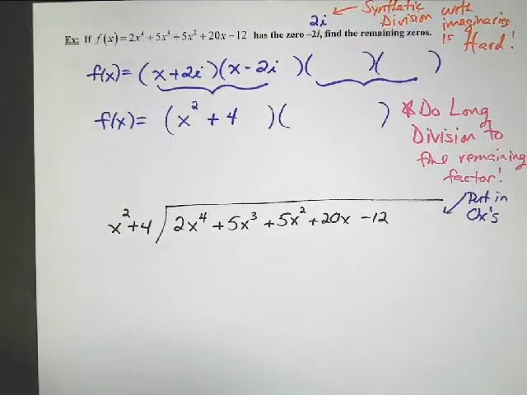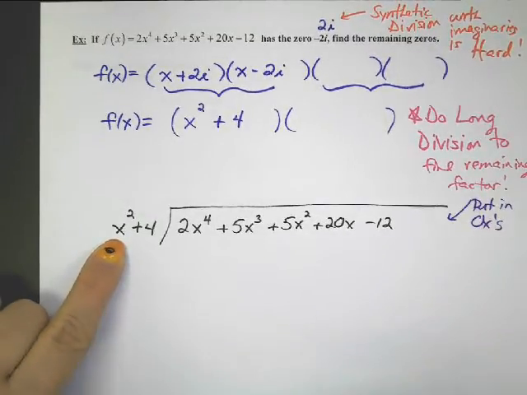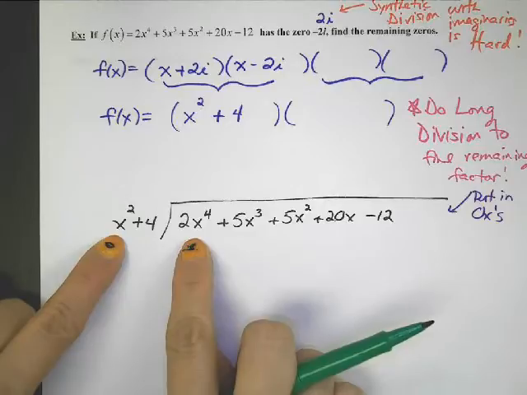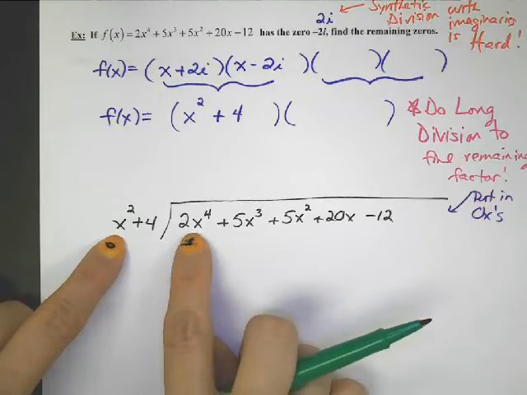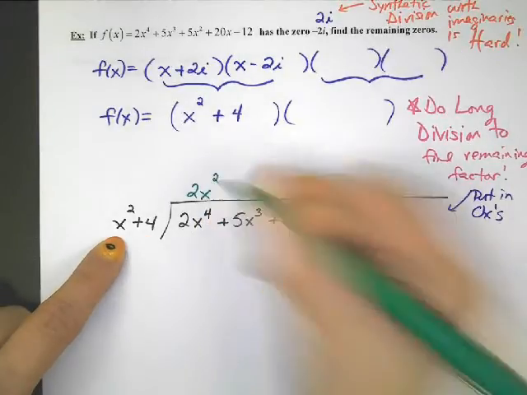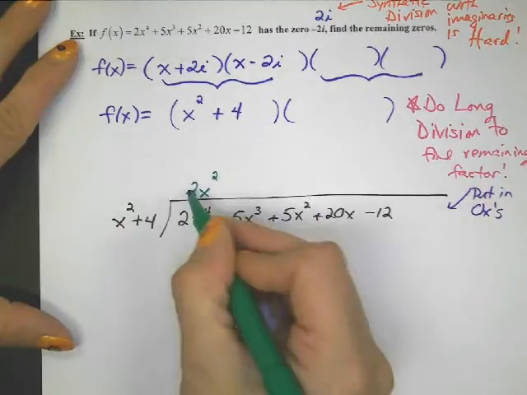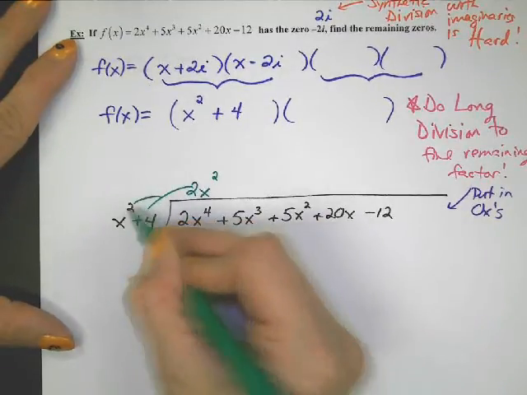And how do you do long division? Well, you're going to compare the first one, x squared, compared to 2x to the fourth. So how many is he missing? He needs a 2x squared. After you find it, you multiply by both those terms.